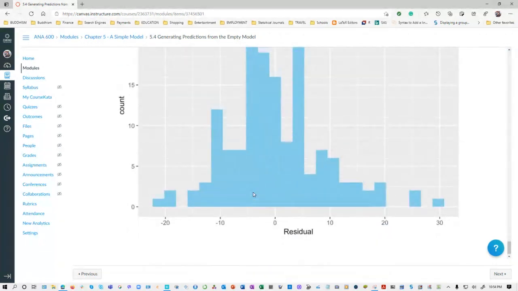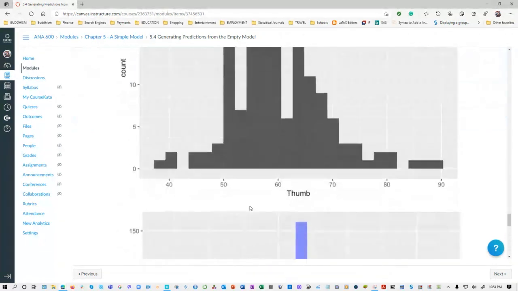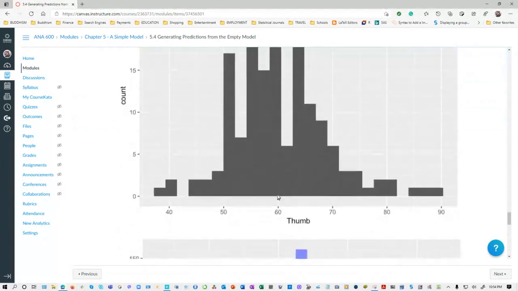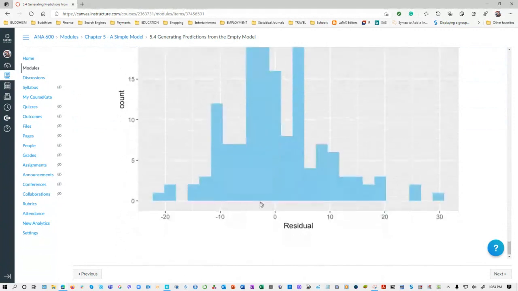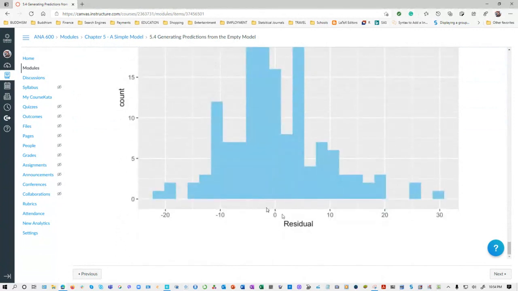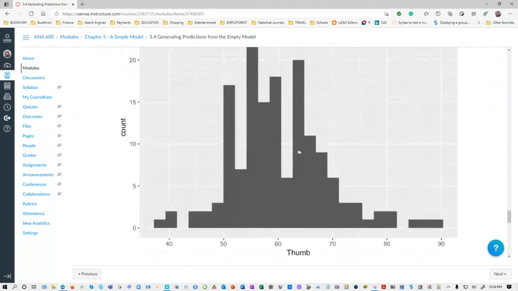If you go to the residual, it looks the same, the only difference is this will be centered around its mean, which is 61 point something. This one will be centered around 0, always zero. That means the average of the residual is always zero, because the average of the data set balances the residual.